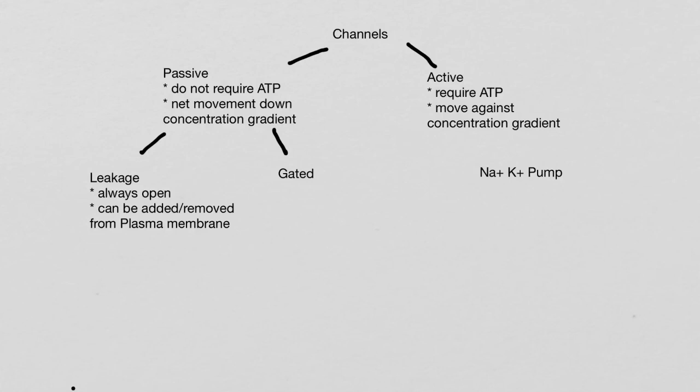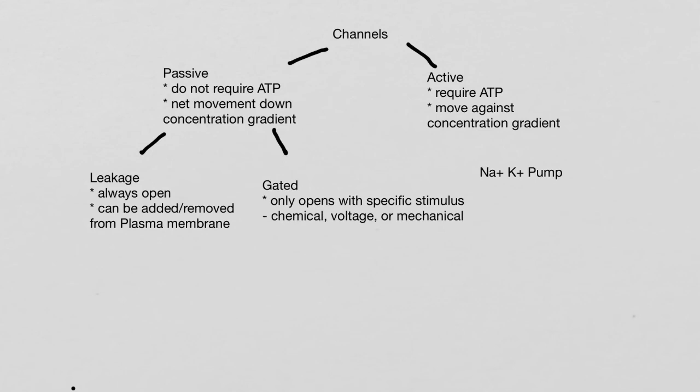And if less water needs to go through the cell membrane, it can remove aquaporins from the cell membrane. Gated channels are channels that only open with a specific stimulus. So that might be chemical, voltage, or mechanical, as I went through in the earlier examples.